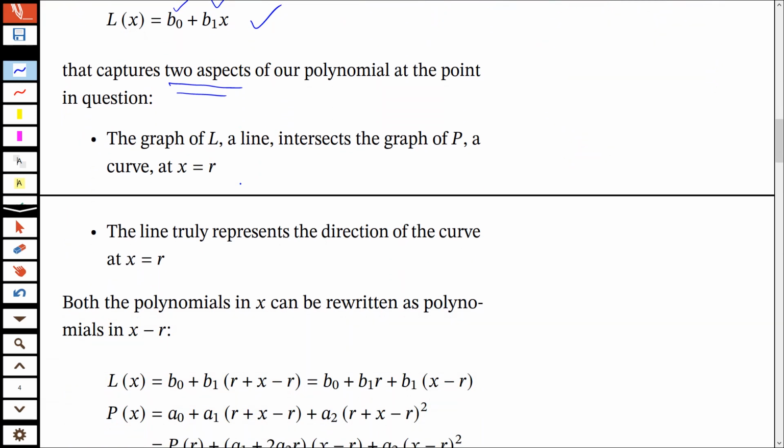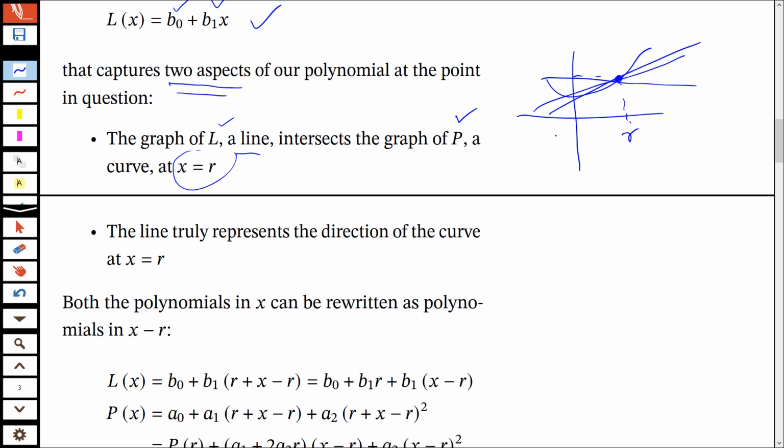So the graph of this linear function, which will be a line, must intersect the graph of the polynomial at that point. If this is the point I'm talking about, the line must pass through this point. Of course there will be many lines, but this is the first condition.